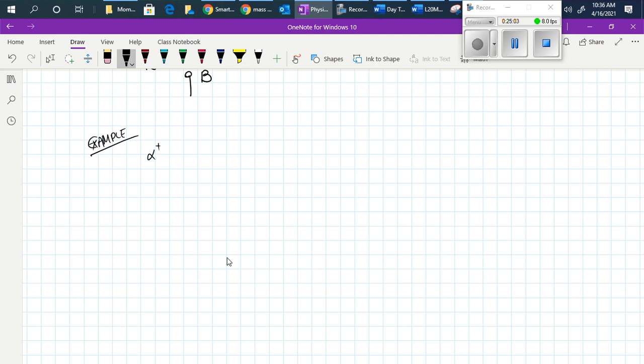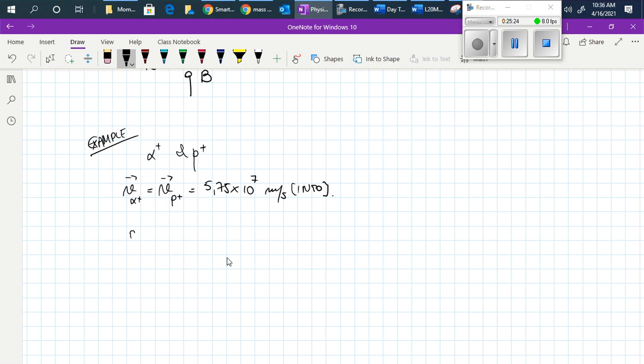So we have an alpha particle and a proton entering with the same velocity, 5.75 times 10 to the 7 meters per second, going into the page.